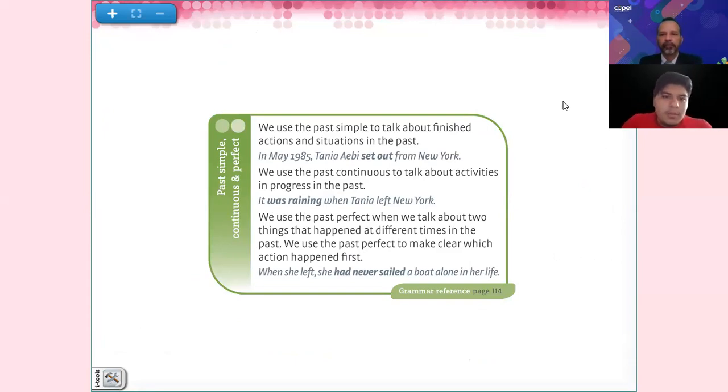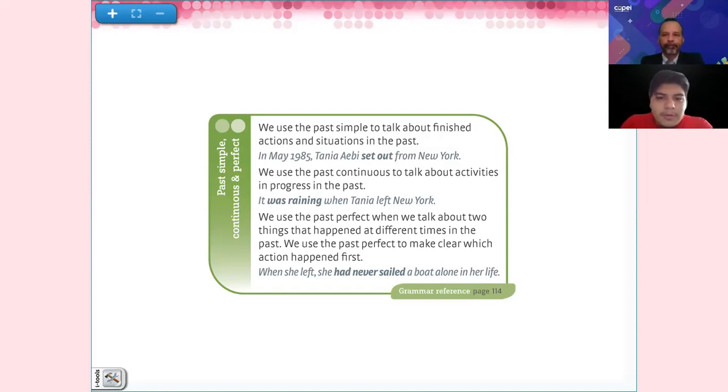Past simple, continuous, and perfect. We use the past simple to talk about finished actions and situations in the past. In May 1985, Tanya Ivy set out from New York. We use the past continuous to talk about activities in progress in the past. It was raining when Tanya left New York.